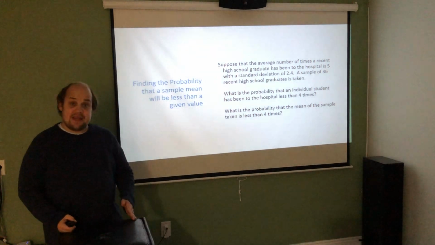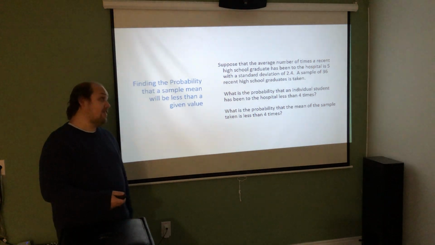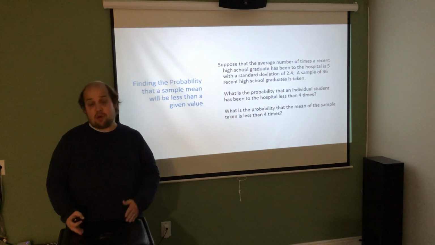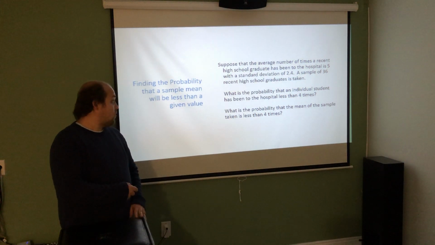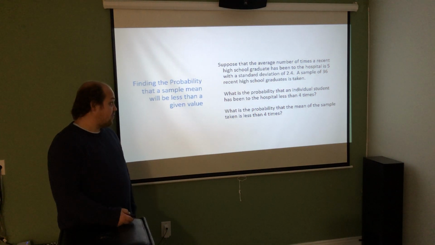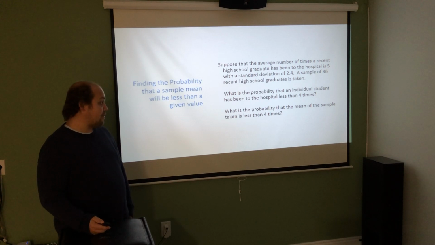So what that means is we're going to have a much larger z-score, or in this case, since it's negative, we'll have a smaller z-score, more negative, further from the mean, when we do it for just one individual, as opposed to when we do it for the mean of the sample.